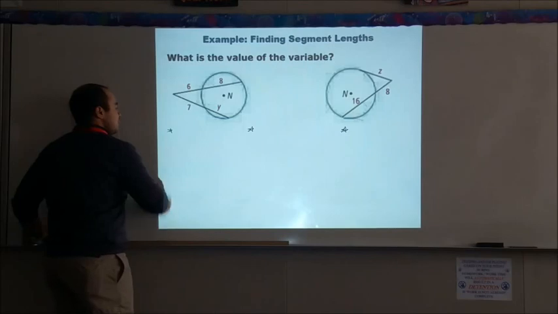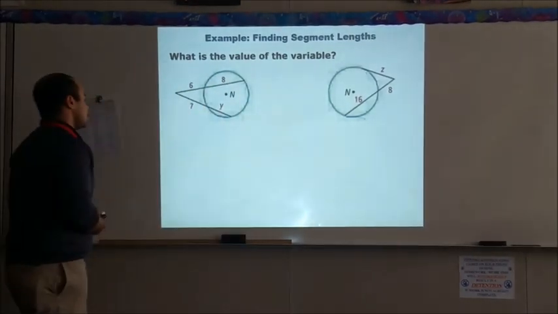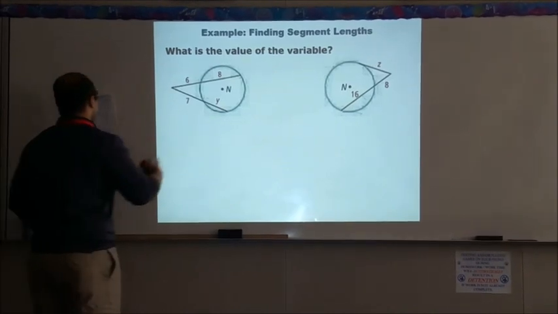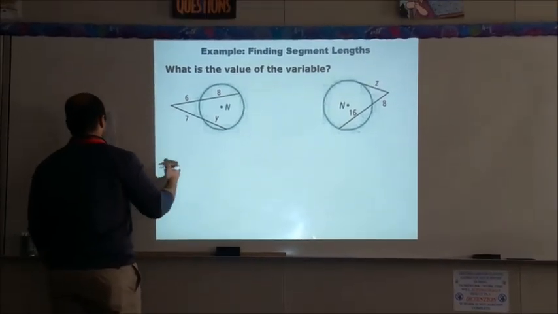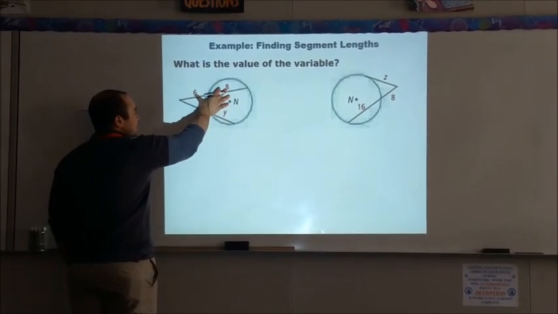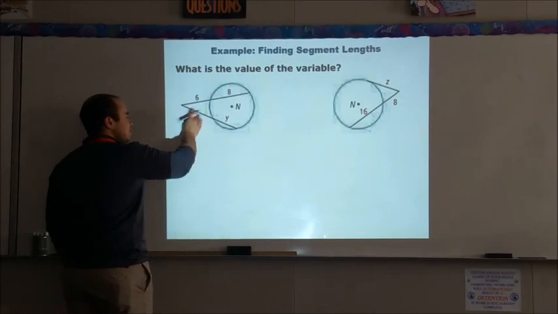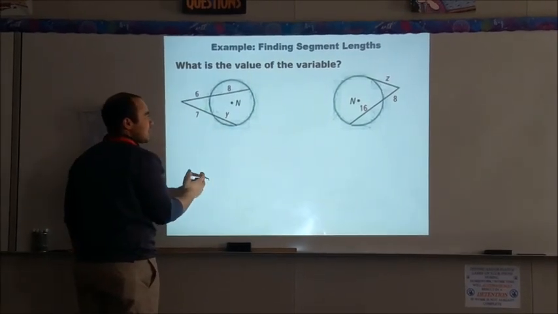All right, first example, we have two secants. And so if we remember from the previous slide, we were told that the sum of the two pieces times the outer portion should be equal to the sum of the two pieces times the outer portion. So that's what we're going to set up.